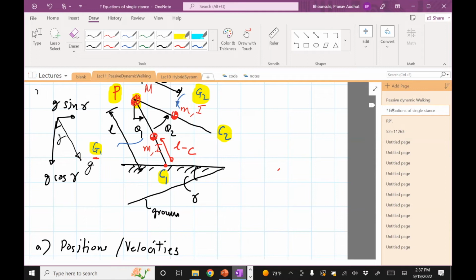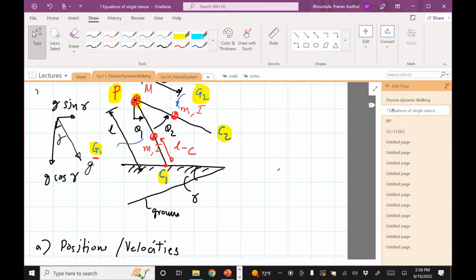The other way is to figure out the angle between g and my world frame, x0, y0, and then there's a rotation matrix associated with that, and use that in order to transform. I'll use that because I would need it later when I take the gravity term in my equations. The gravity terms cannot be in the ramp frame, they have to be in the world frame, because gravity is going to push the robot forward, the g sine gamma pushes it forward.